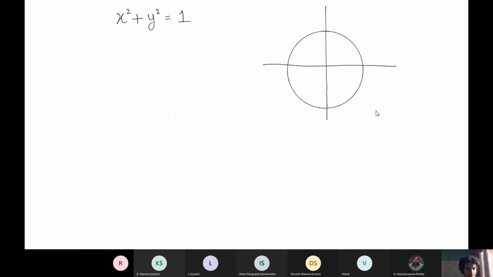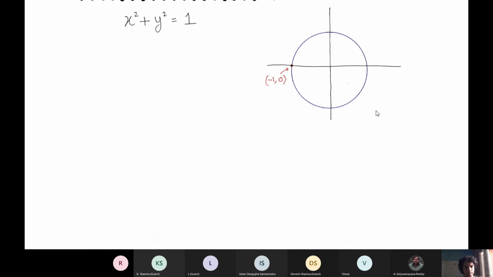Can someone give me quickly a rational point that is obvious to see? Yes, (1, 0). You actually have four really obvious points where the circle intersects with the coordinate axes. It's going to look something like this, and you have (-1, 0).